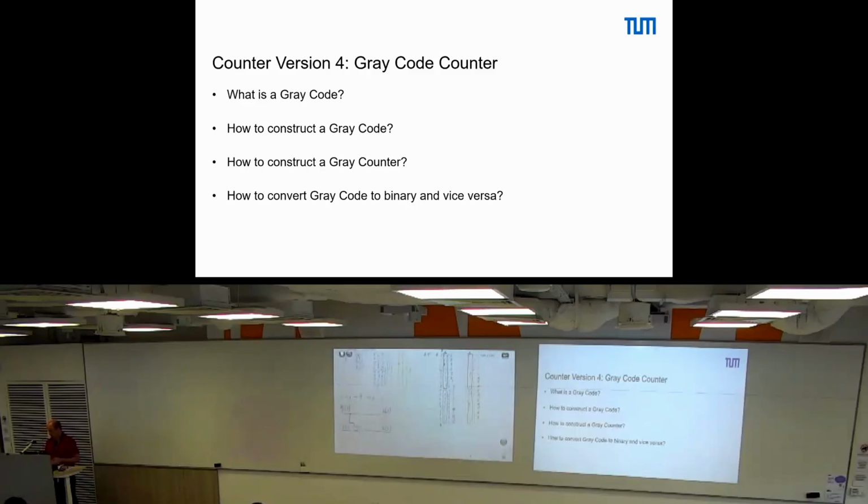Then we can do the same trick for the next one, because if the second bit here is 0, then we have exactly the same. If this is a 0, then this here is the same as on the left side.